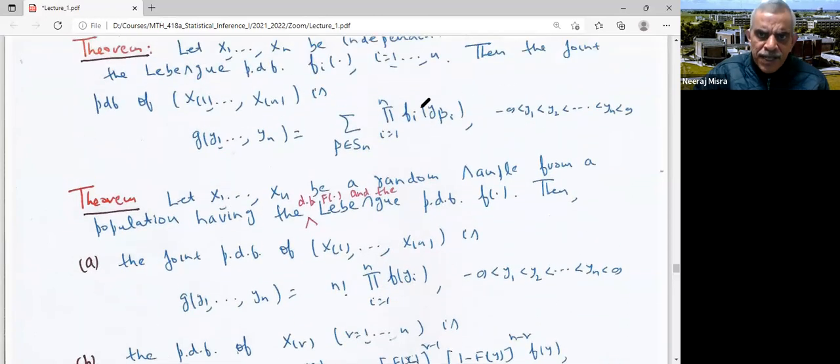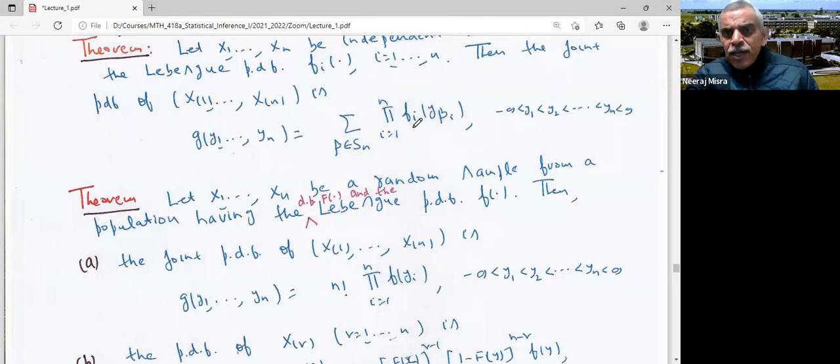This follows from here, because let us look at this inside sum, inside product. Inside the product, each fi is the same f. So inside the product is f of y beta 1, f of y beta 2, ..., f of y beta n. Here f is the same. But this y beta 1, y beta 2, ..., y beta n, if you look at it, together form the set 1 to n, because that is a permutation of 1 to n.